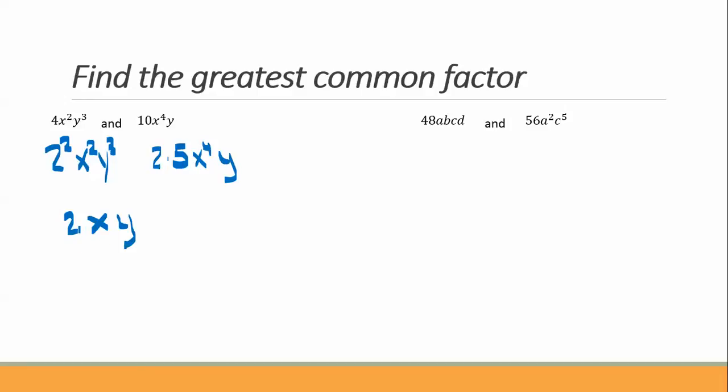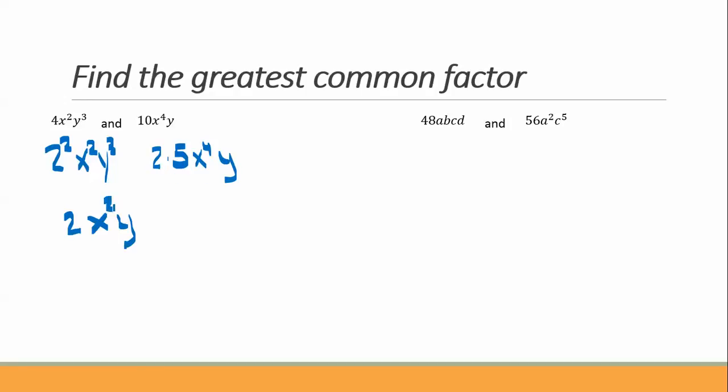Now we're going to take the smallest exponents on each of these factors. The exponent on the first 2 is 2, and the exponent on this 2 is 1, so our smallest exponent is 1. The exponent on the x squared is 2, and the x to the 4th is 4. The smallest exponent is 2.